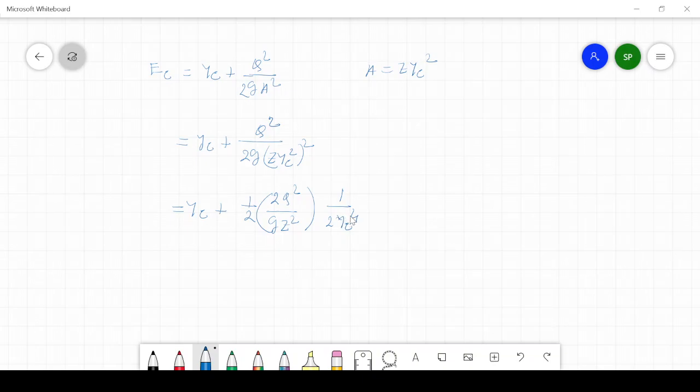Okay, I can write this in this way. Why am I writing this in this way? Because we have just derived yc is equal to 2Q square by g z square. This expression we have just derived. So to make this expression in that format, I am writing this in this way. So 2Q square by g z square by 1 by 2 yc to the power 4. Okay.